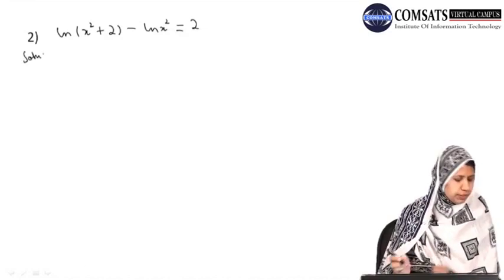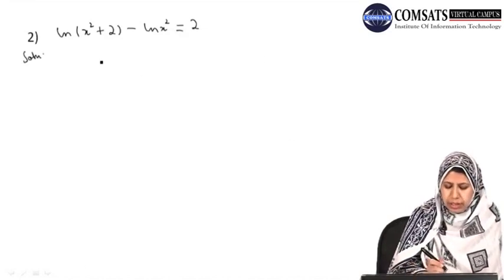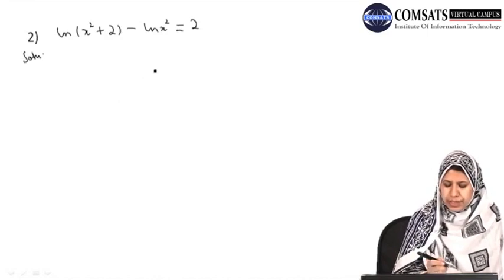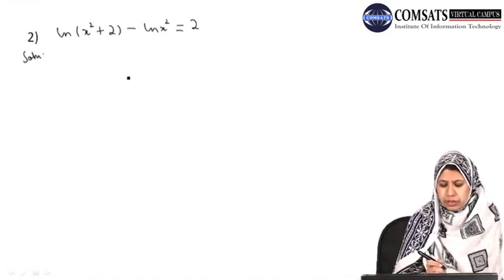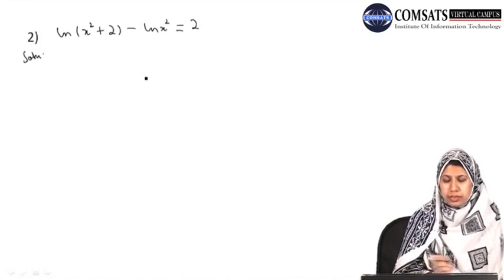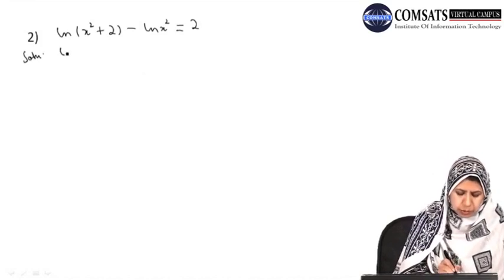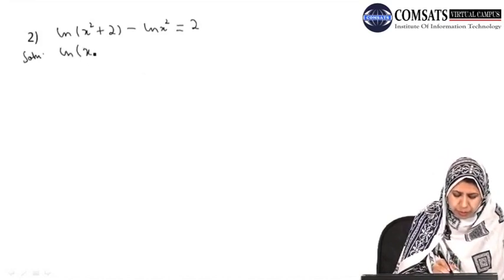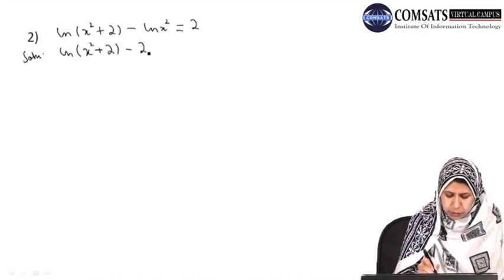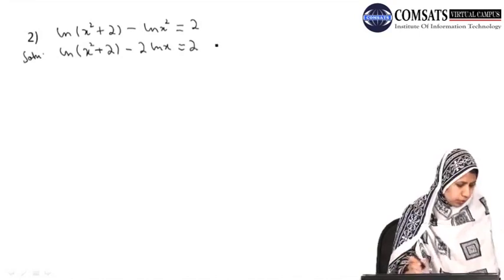Okay, we have to solve this log equation. Again, if we look carefully at the second term, we can write log of x square as 2 times log of x. So we obtain log of x square plus 2 minus 2 log of x is equal to 2.